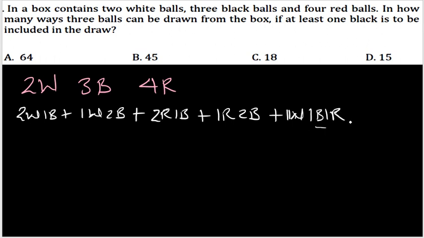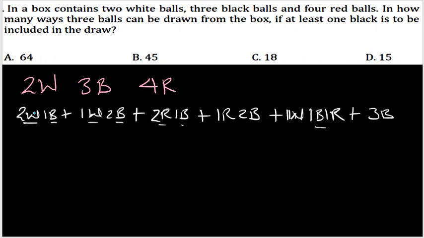Still there is 1 black here at least, or 3 black. These are the total possibilities. Exhaustively, when we see the possibilities of including at least 1 black, it will be 2 white and 1 black, or 1 white and 2 black, 2 red and 1 black, 1 red 2 black, or white red black, or the 3 blacks. These are the total possibilities.